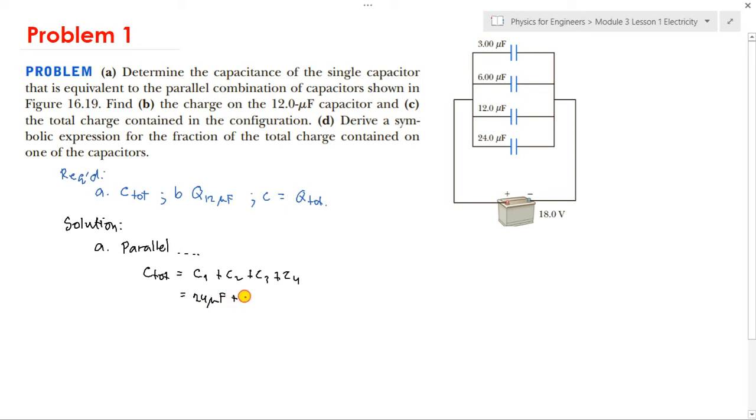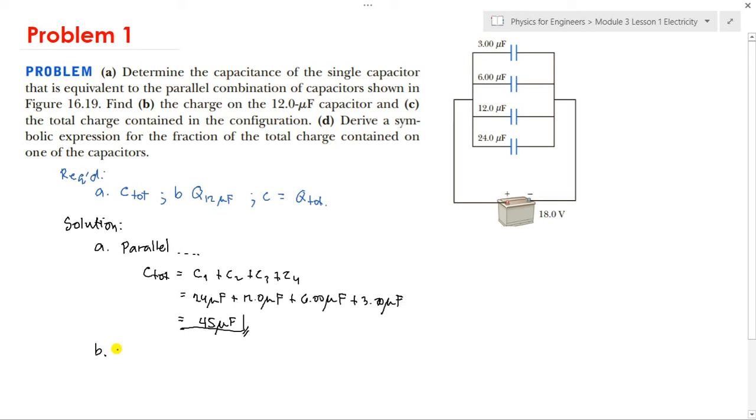Remember, if everything is in micro, you have to be consistent. If all are in micro, there's no problem. If one is on the opposite scale, that is the time you convert one to make them uniform. Simplifying, we have 24 plus 12 plus 6 plus 3. This is all in all 45 microfarads. That is the total capacitance.